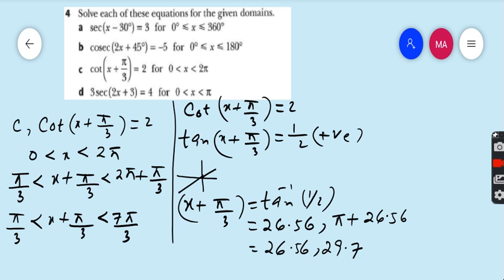Now this is not our final answer. We should subtract pi by 3 from these two values.